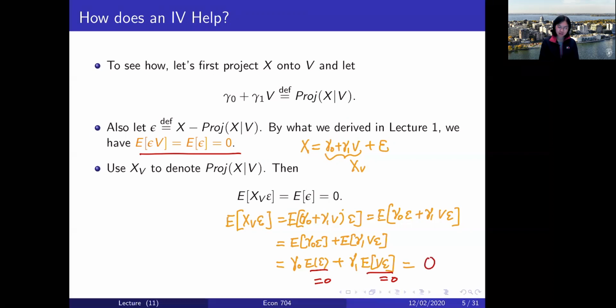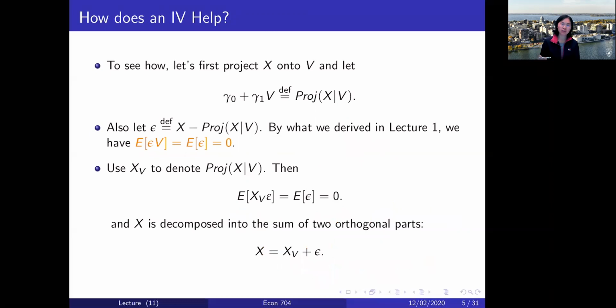So x has been written as the sum of two parts, and the two parts are orthogonal to each other. x has been decomposed into x_v plus epsilon, two additive orthogonal parts, with zero correlation and zero covariance.